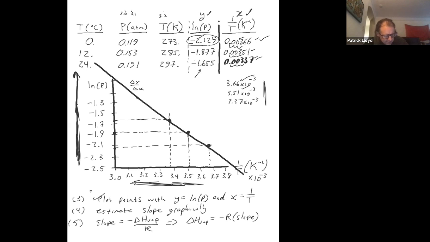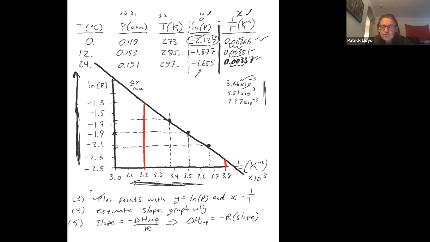I'm going to take this point right here, 3.2. Let me use a different color for this one just so you can see it. I am picking 2 points that go a little bit beyond the points that were in the measurement, just a little bit beyond, okay?